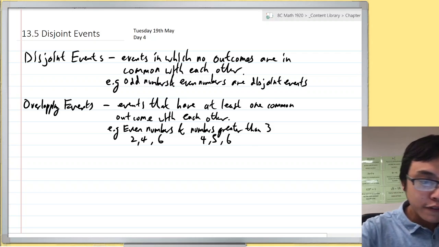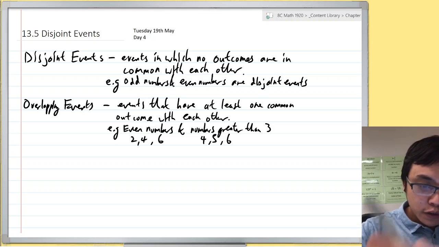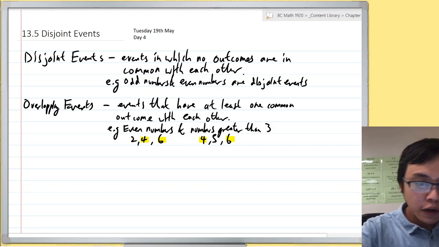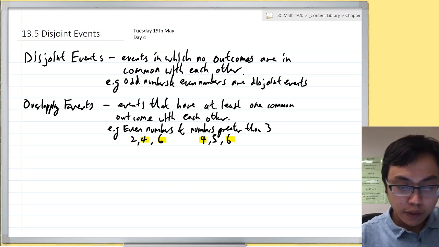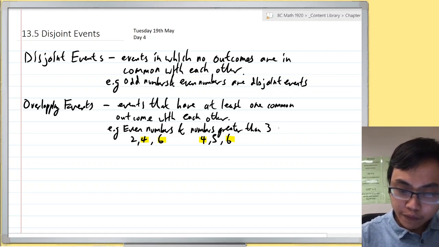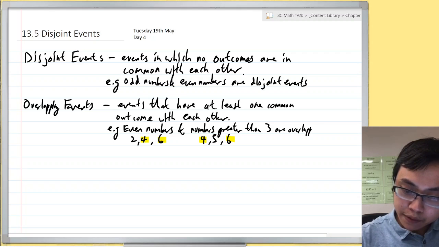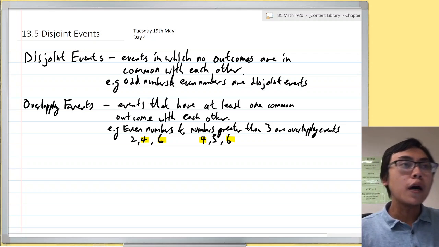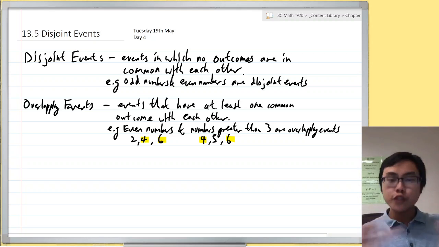So we have two numbers that are overlapping, 4 and 6. We call these overlapping, and so even numbers and numbers greater than 3 are overlapping events. Hopefully we understand the meaning.